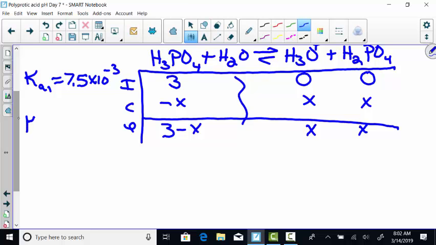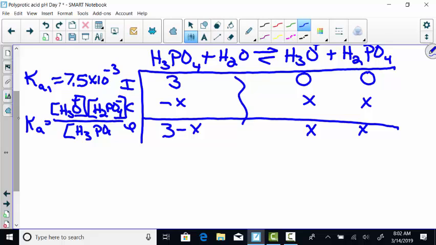So my Ka expression for this is the concentration of H3O plus times the concentration of H2PO4 minus all over the concentration of H3PO4. So that's the same as always.